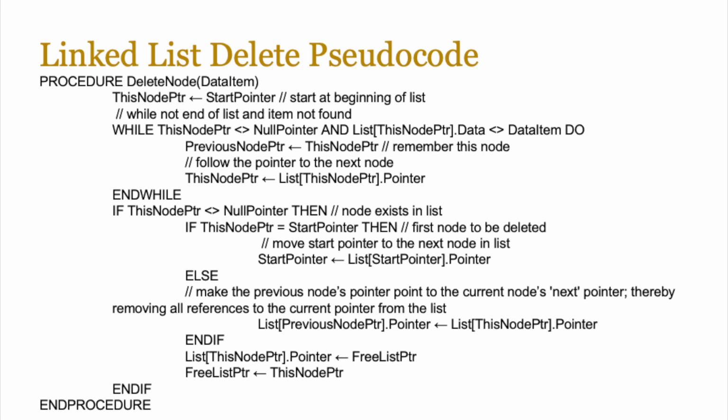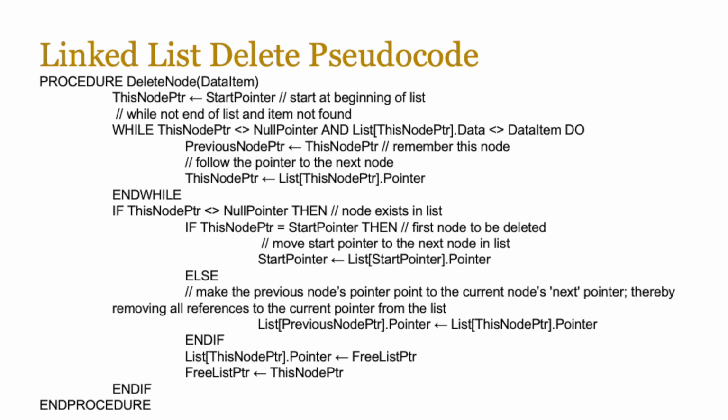That basically means that the first node needs to be deleted. So we move the start pointer to the next node in the list, and we simply do not delete any values, we just update the pointer. So if this node pointer ends up being index 0, then the start pointer is moved to index 1, because in index 0, in the pointer column, it's probably pointing to index 1.